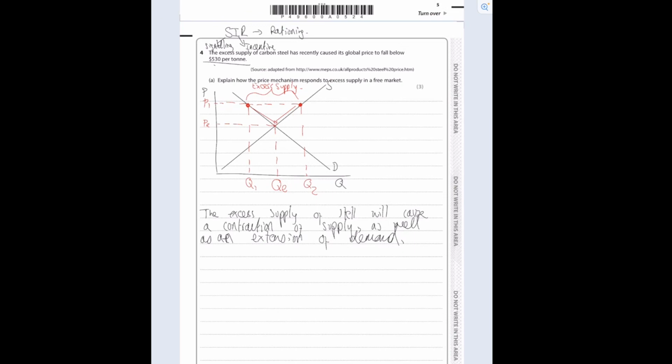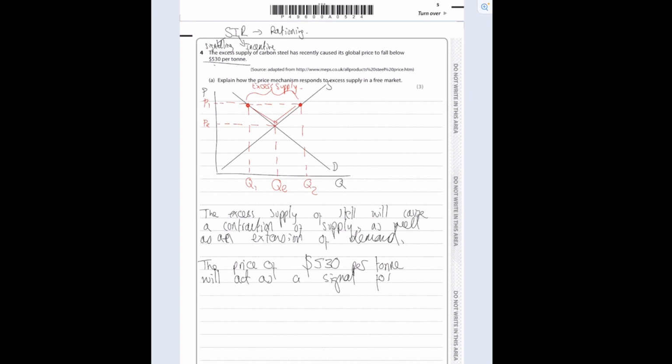So what I might say, just to get the application marks, is the price of 530 per ton will act as a signal for most likely firms.